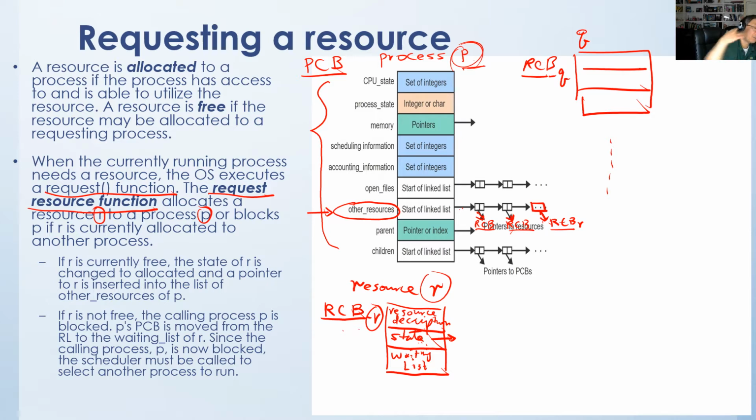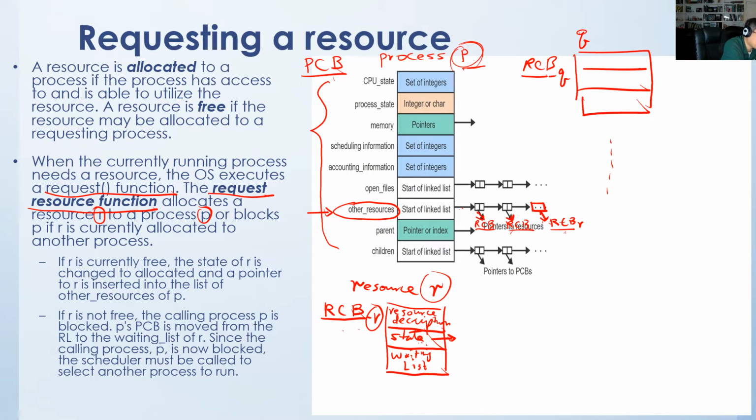And then the operating system continues to run the process, because the process is running and requests resource R, the operating system checks that resource R is available, allocates it to the process P, and adds the RCB to the other resources on the PCB of P. And the process continues to run, because the process gets what it needs. Okay, everybody is happy.